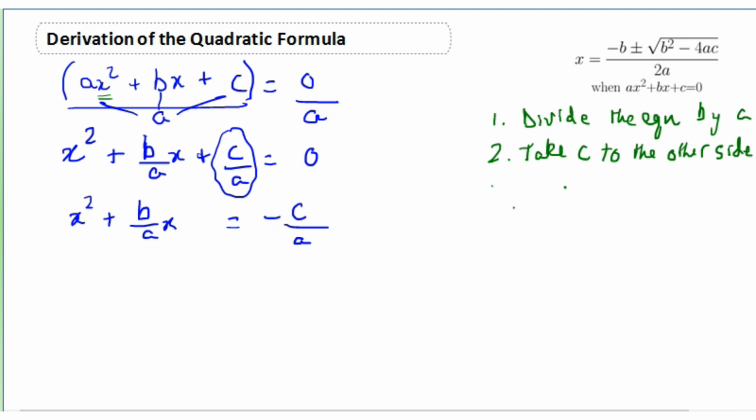And if you remember my previous video of completing the square, where we saw the visual representation of completing the square, the third step was to add the square of b upon 2 to both sides.